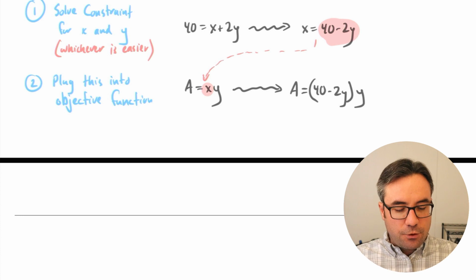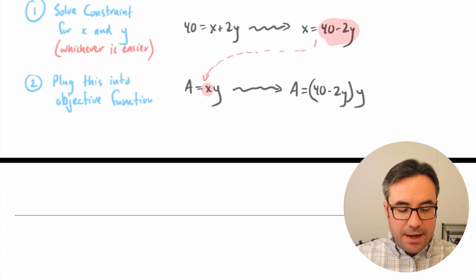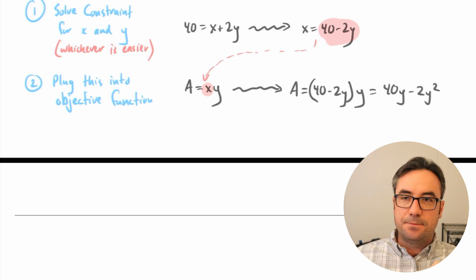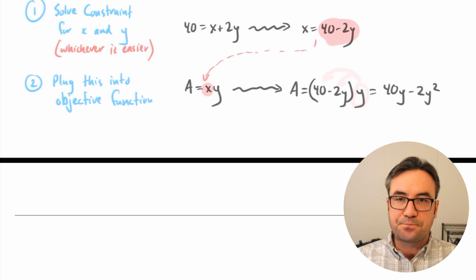So to help with that derivative process, right now we have a product of two variable terms, so let's actually multiply this out. And when we do that, we get 40 times y minus 2y squared. I'm just taking this y term and distributing.